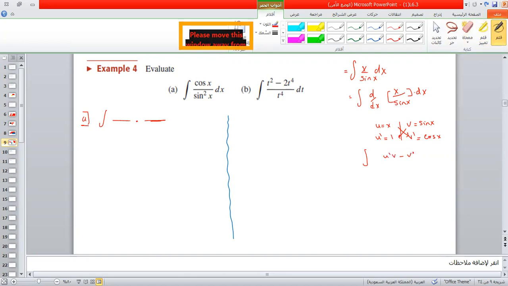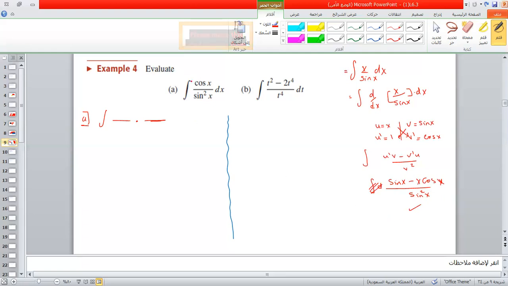So 1 times sine x is sine x, and then minus cosine x times x, which is x cosine x, over sine squared x. So this will be your final answer, because the integral of the derivative is the function itself.